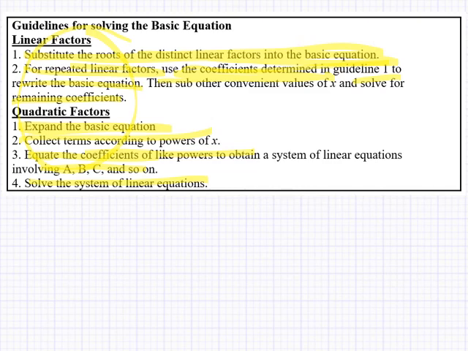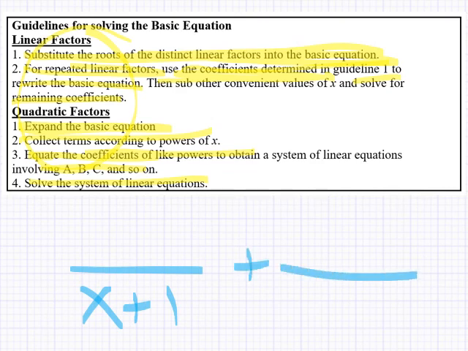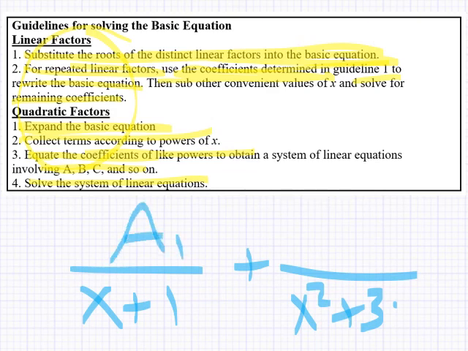But really, whether the factor in the denominator is an x plus 1 or an x squared plus 3 really makes all the difference. In one, the numerator should be a constant. This one should be a linear plus a constant.